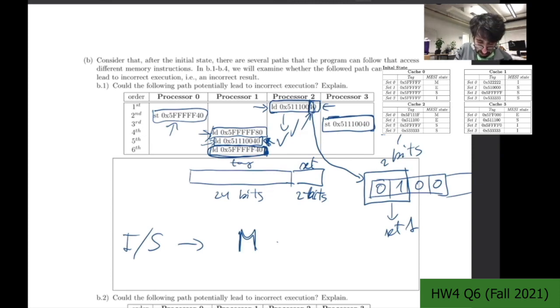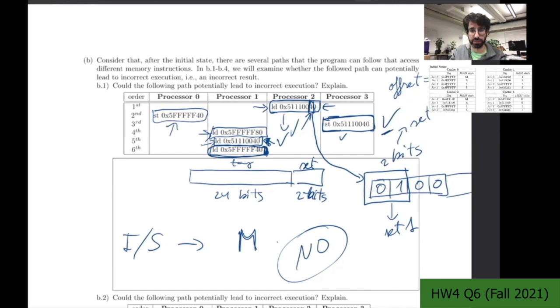So, answering this question, could the following path potentially lead to incorrect execution? The answer is no, because after this store, the state of the cache becomes coherent and consistent.